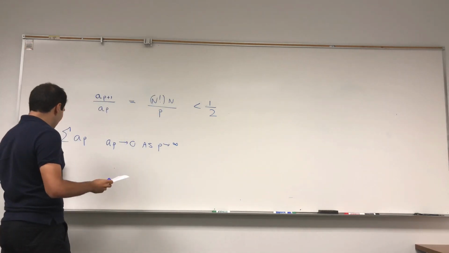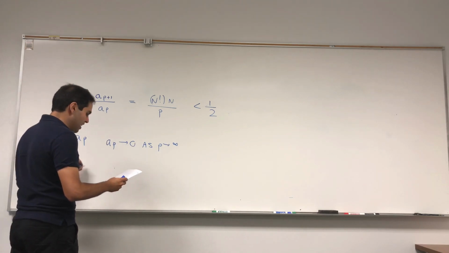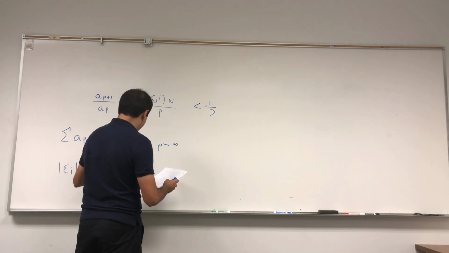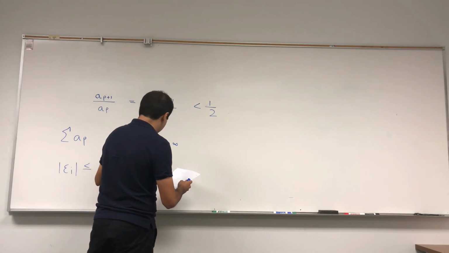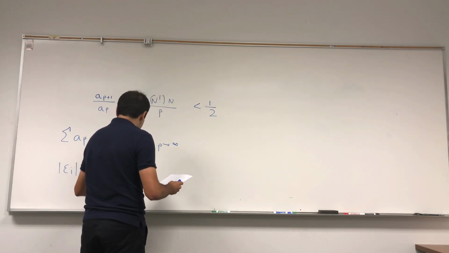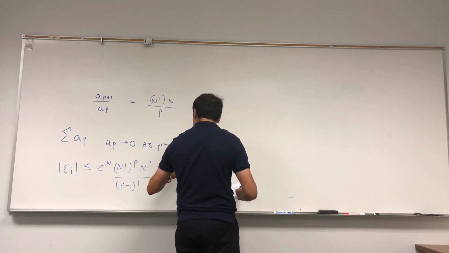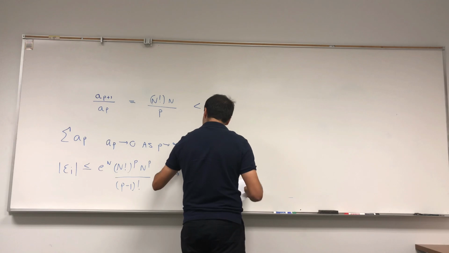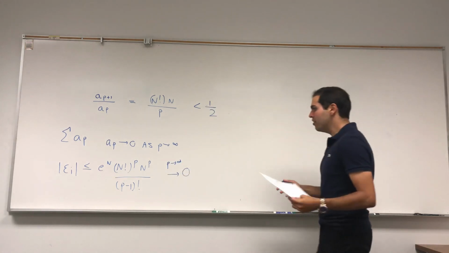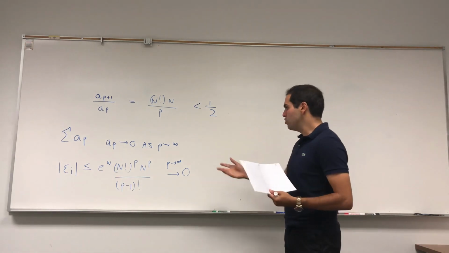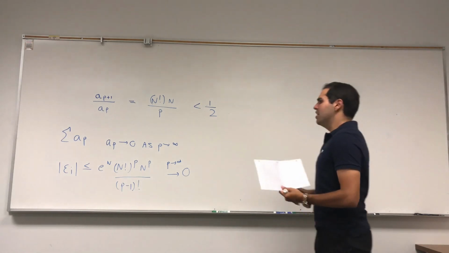So in particular, what we have is that epsilon I is less than or equal to e to the n factorial to the p, n to the p over p minus 1 factorial, and as p goes to infinity, this goes to 0. But we don't really want to let p go to infinity. We just want it to be very large.